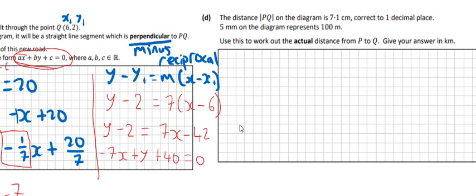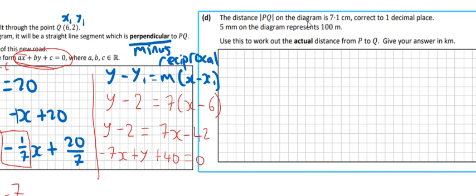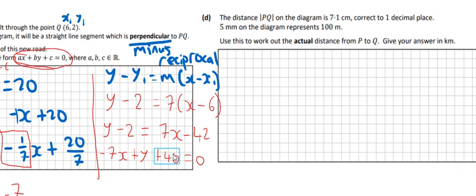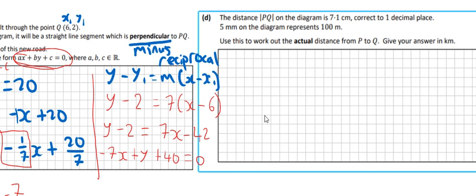The distance PQ on the diagram is 7.1 centimeters, correct to 1 decimal place. 5 millimeters on the diagram represents 100 meters.